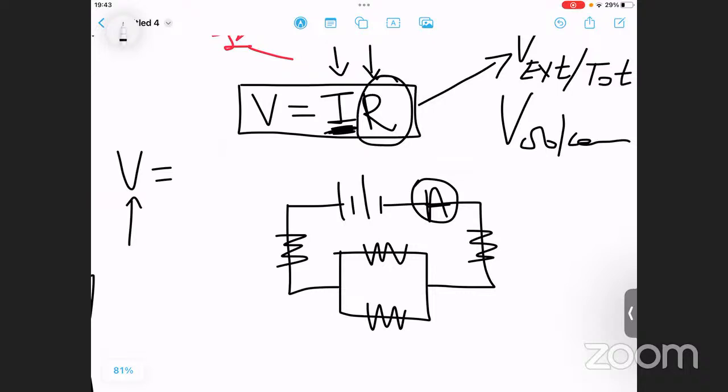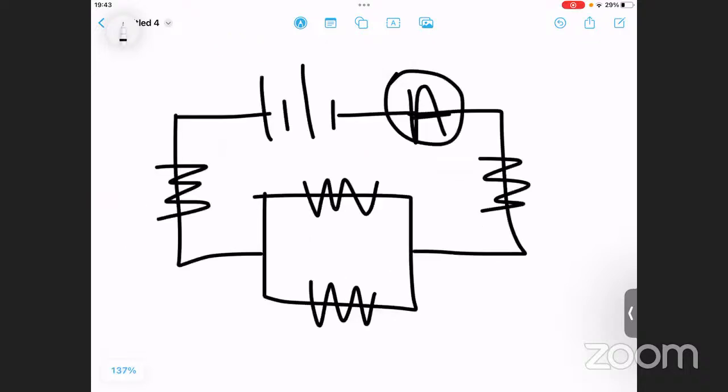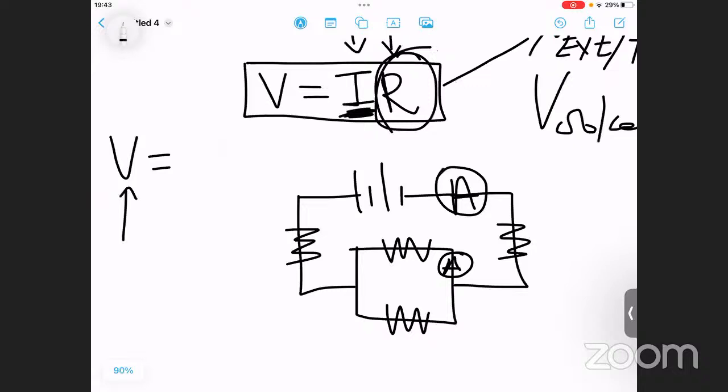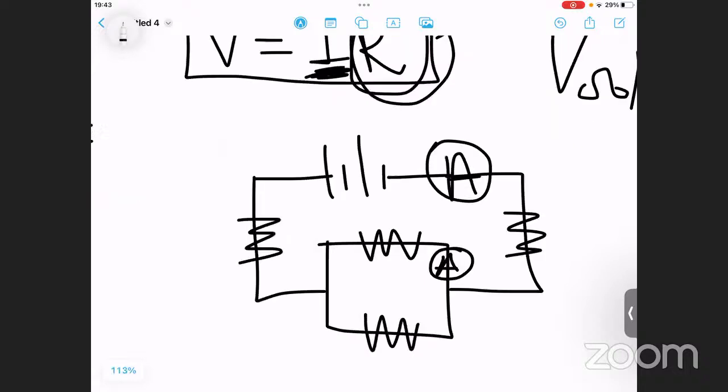The moment you use the current which is connected within a parallel connection, then the R that you're going to use has to be for the side where this is connected. Otherwise, if you use an ammeter connected on this side, the current connected there, the R that you're going to substitute is for that.